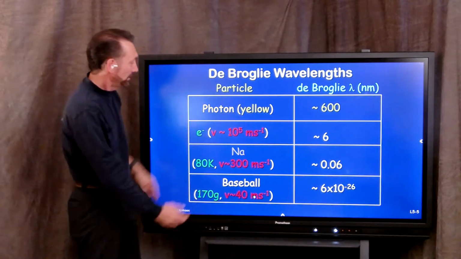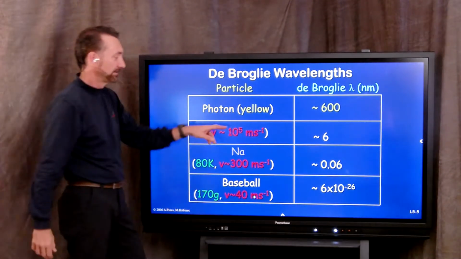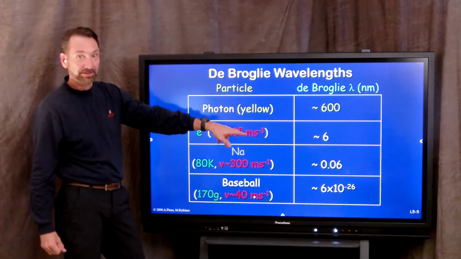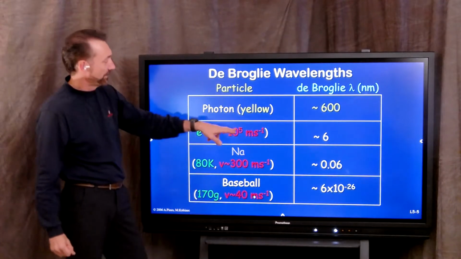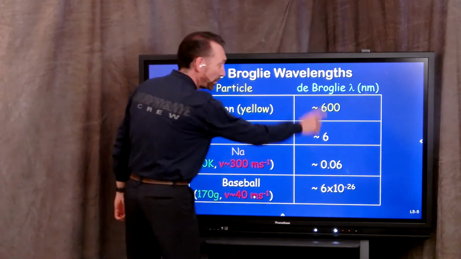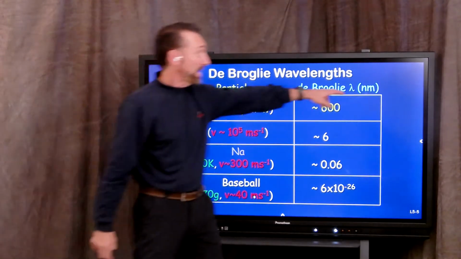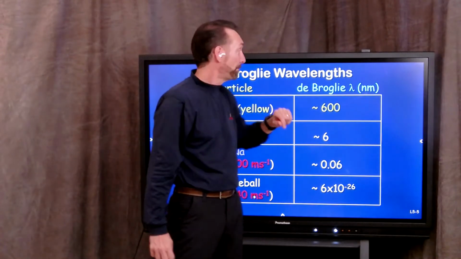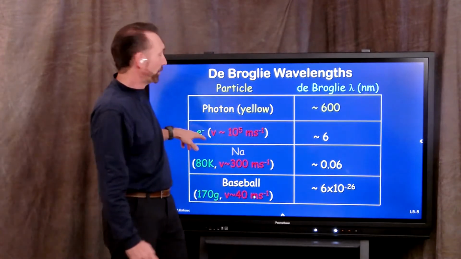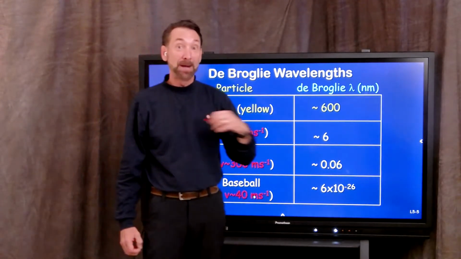Electrons now. Electrons traveling quite fast, 10,000 or more meters per second, that's 10 to the fifth, 100,000 meters per second, have a de Broglie wavelength of 6 nanometers. I'm talking nanometers here, so 10 to the minus 9 meters. The de Broglie wavelength of an electron is 6 times 10 to the minus 9 meters.